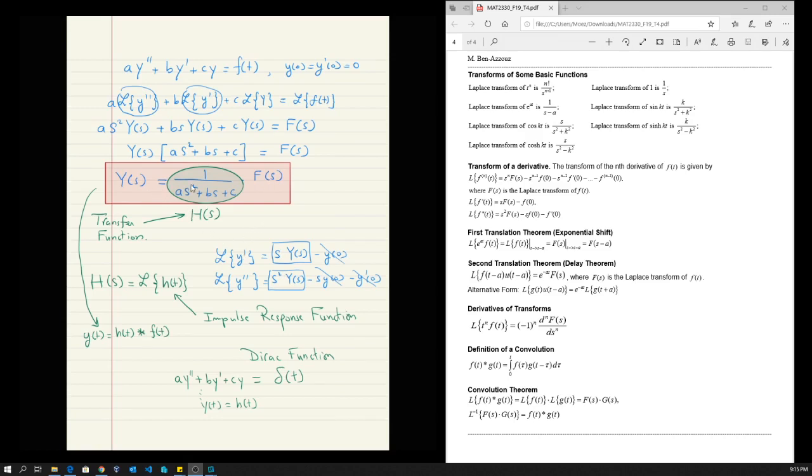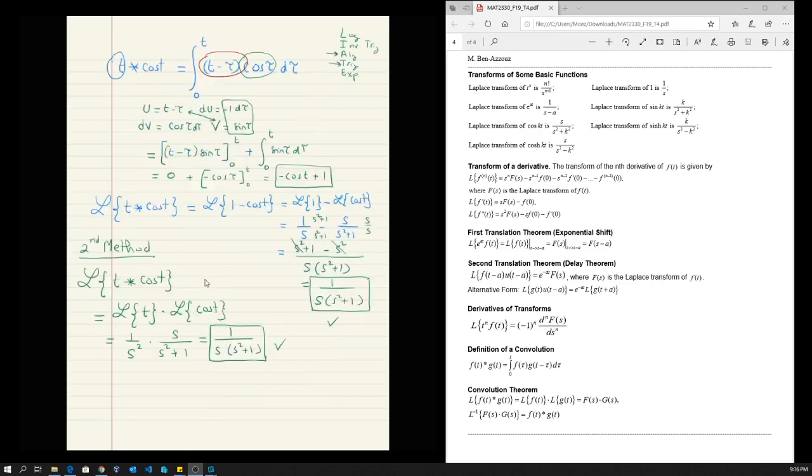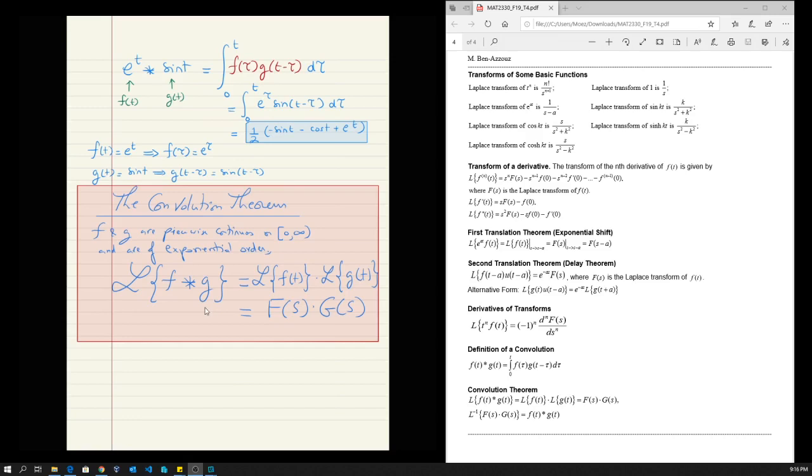Because if you invert this product, the convolution theorem says that if these are multiplied in the S domain, their inverse is going to be the convolution in the time domain. Here's the convolution theorem. Write the inverse of that. If you take the inverse of this, you're going to go back to this.